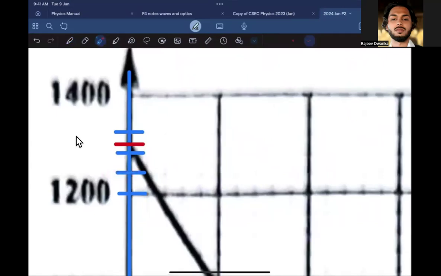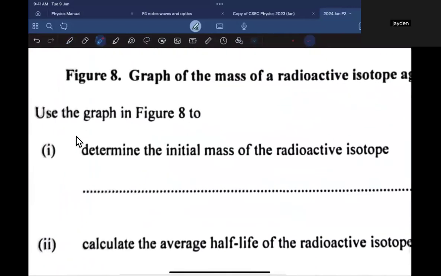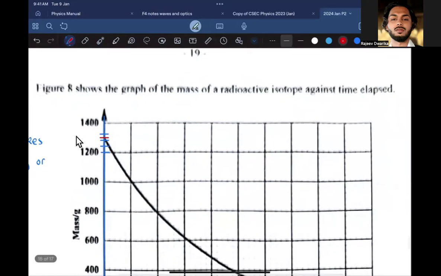It's going to be 1,240, 1,260, 1,280. Yes or no? Yes, sir. Now watch, they gave the mass in grams.